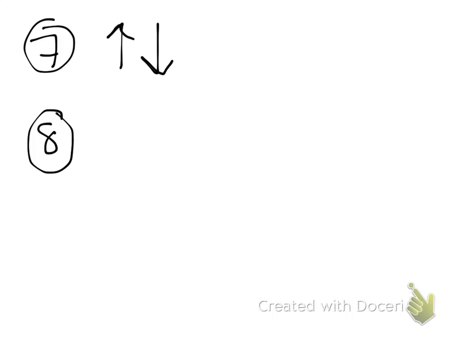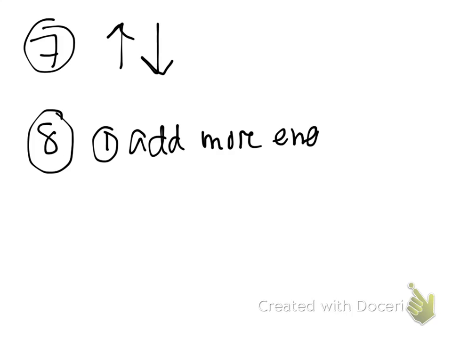So, to get all the points for this, you had to, number 1, say that you add more energy levels. So basically you're adding additional electron cloud, making it bigger.